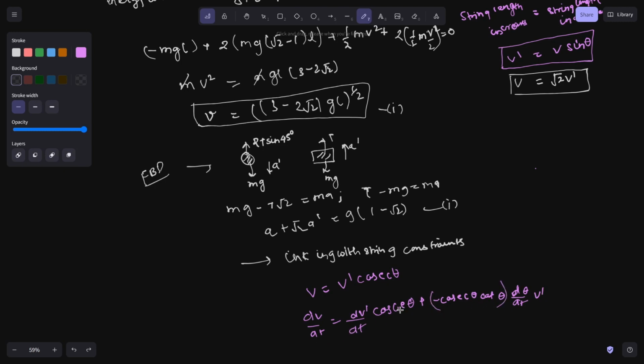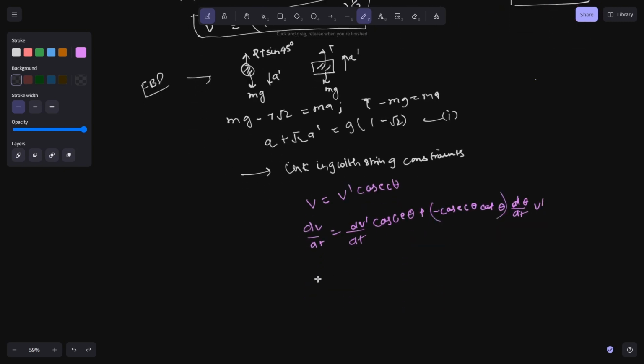So this comes to mean the formulation of a is equal to a' cosec theta minus cosec theta cot theta d theta by dt v'. Now this d theta by dt we need to eliminate, because all other terms are in terms of theta, so we can put simply 45 degrees as angle theta.